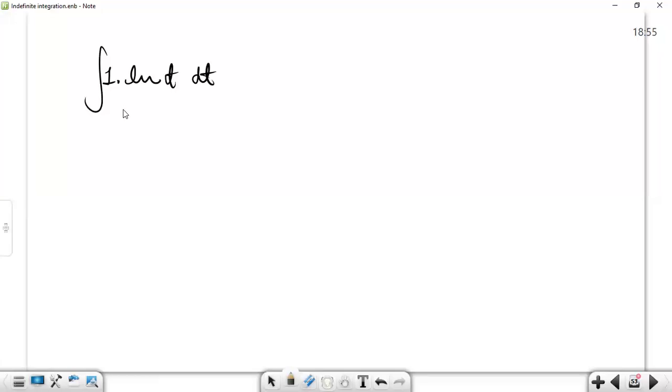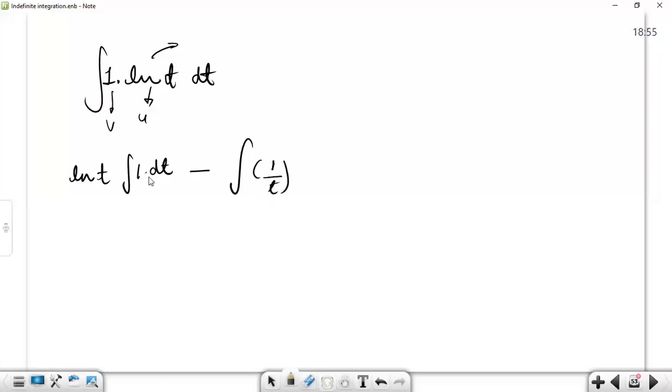That's why we are going to take it as this. So writing it like the formula, u is this, v is this. So logarithm of t, integration of 1 into dt, because t is the variable here, subtracted by the integration of the derivative of logarithm of t, which is 1 by t, into the integration of 1 dt, and whole integration.